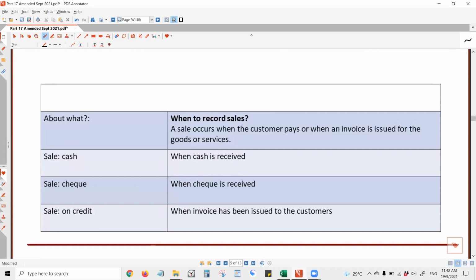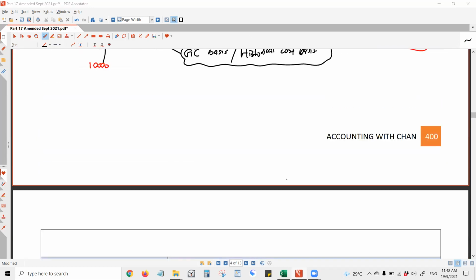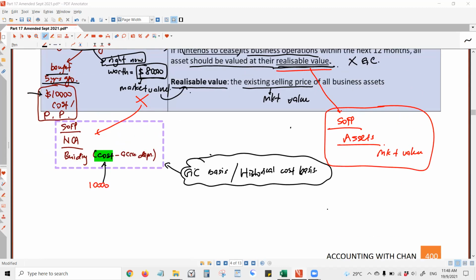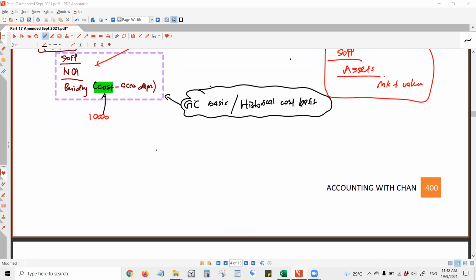Here you write, one of you asked me, but when we solve our NCA, why do we still have to include the NCA in our SOFP? Now you see, when you have made the decision about closing down your business, for example, today, you decided to close down your business.